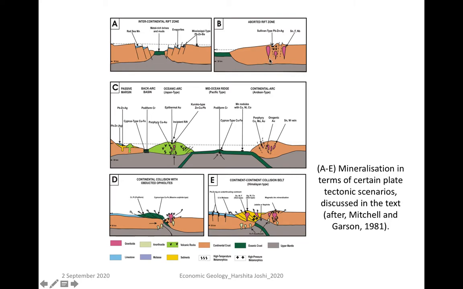And in some places where rifting slowly ceases, here also you may find lead, zinc. Coming to the passive margins, the margins which are not active, here also you may find lead, zinc and gold.